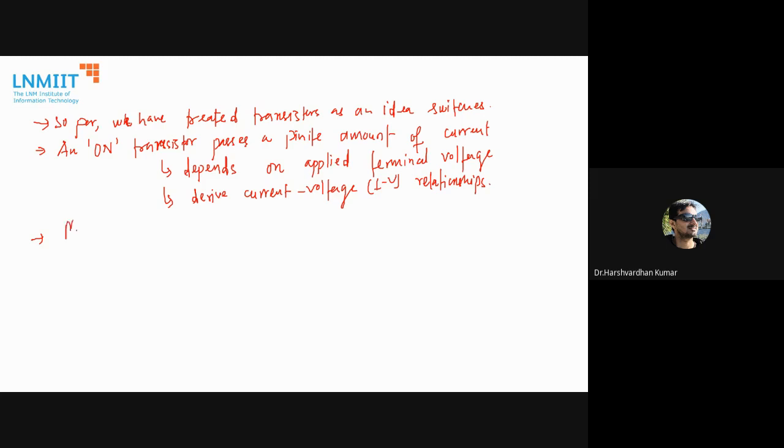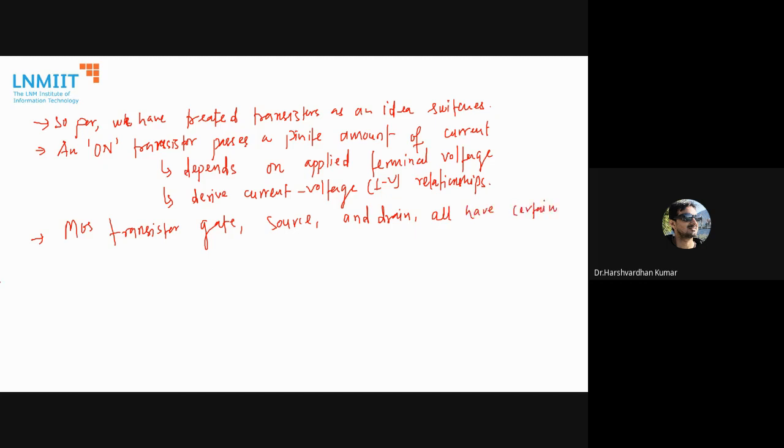So MOS transistors' gate, source, and drain all have certain capacitance.